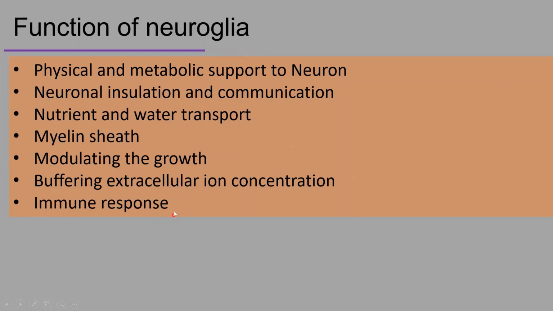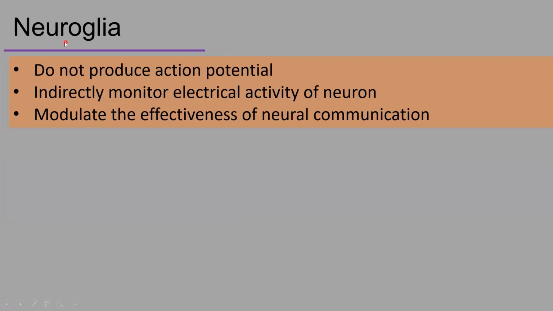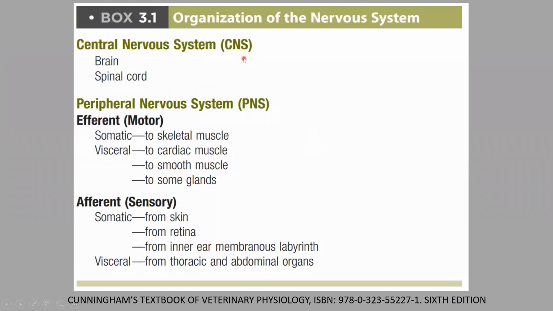Immune response: they provide immune defense against organisms. Neuroglia do not produce action potentials, but they indirectly monitor the electrical activity of neurons and modulate the effectiveness of neuronal communication. The organization of the nervous system.